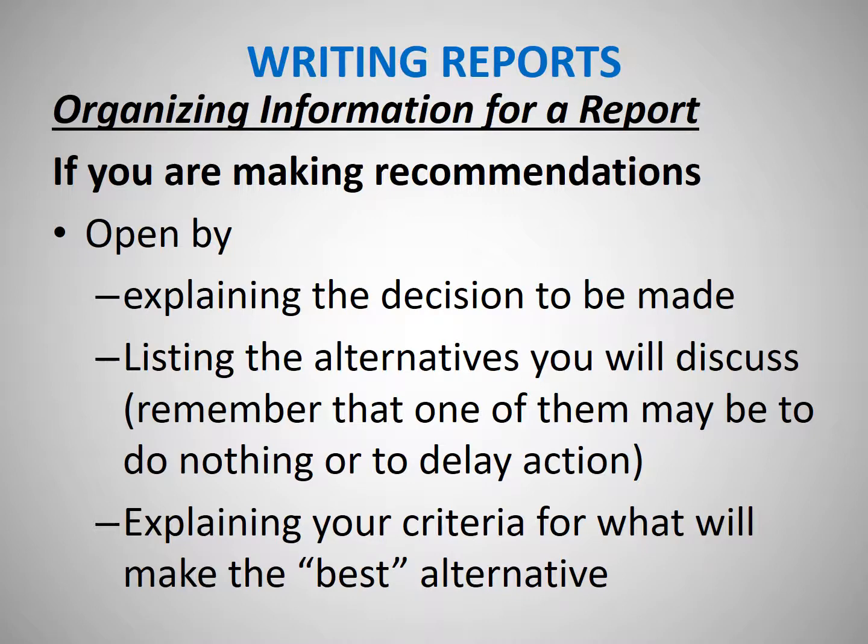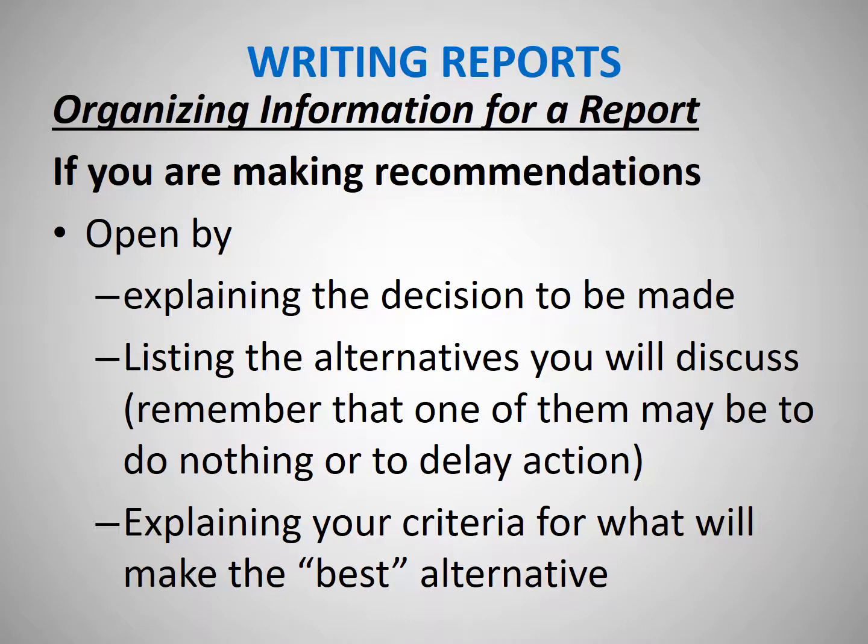And explain it. The next thing you need to do, and this is happening in the body, and we'll talk a little more about this later, but in the body, once you explain the decision to be made, then you're going to list the alternatives that you will discuss. Remember that one of them may be to do nothing, right?